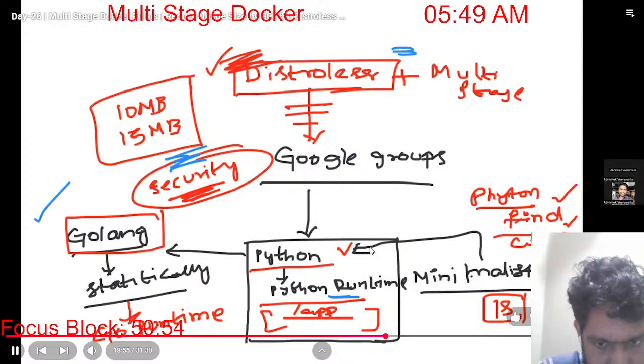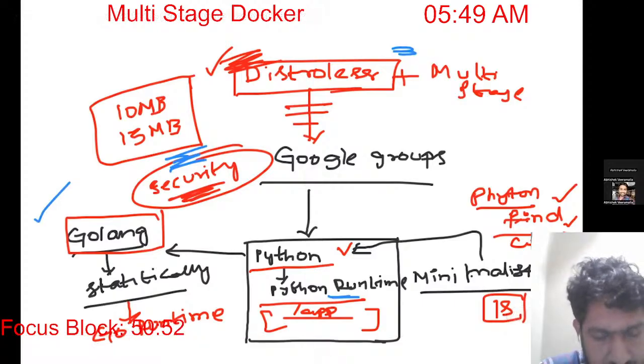So with distroless images, you can literally say they are 99% of times not exposed to vulnerabilities.